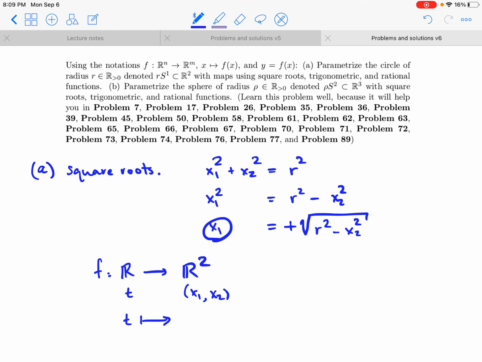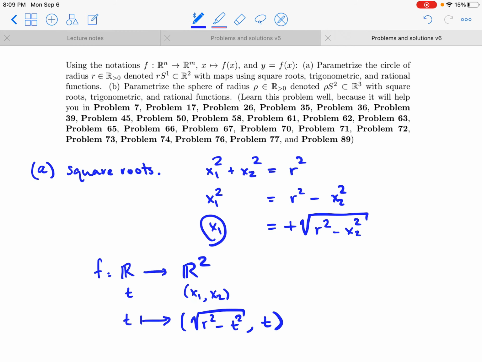Here I've shown how to replace x1 with something involving x2. So I can replace x1 here with something involving only the parameter x2. I'll take the positive square root, and then I'll put a t there. Now what I've done is I've just renamed the second axis x2 as t.